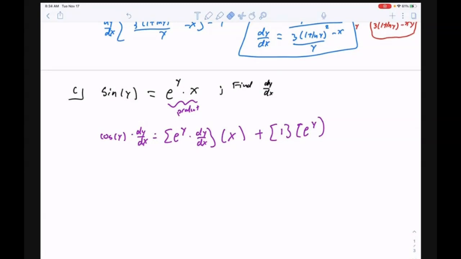Now this one introduces the exponential function. Remember, copy paste. So the derivative of e to the y is e to the y dy dx. Copy and paste times the derivative of the baby, and the derivative of the baby is dy dx. All right, what do I do next?